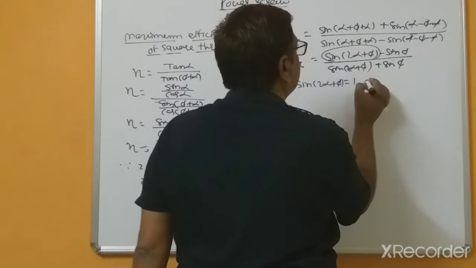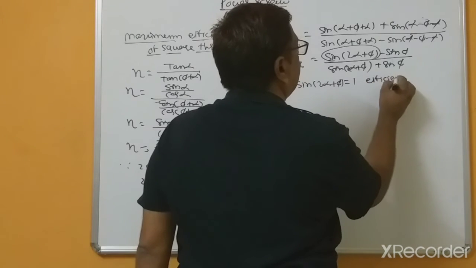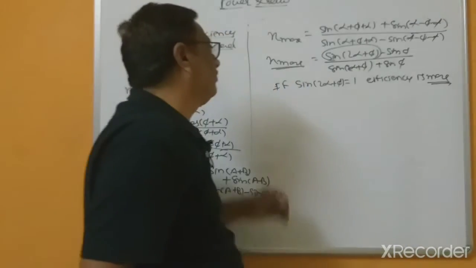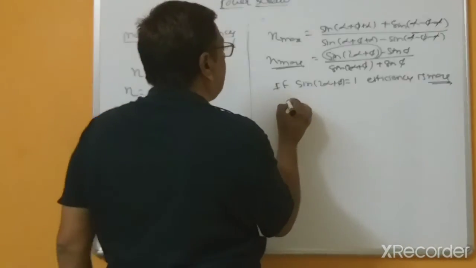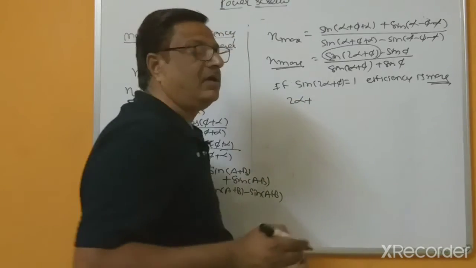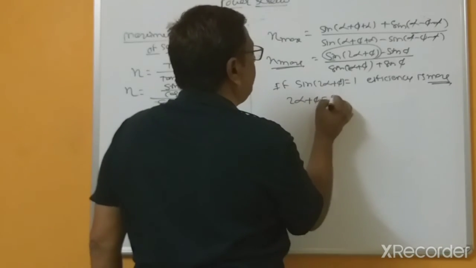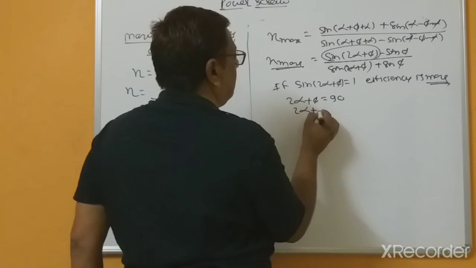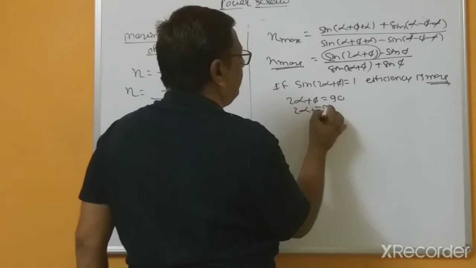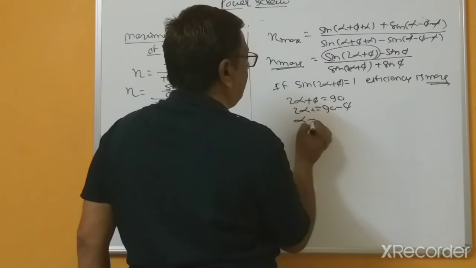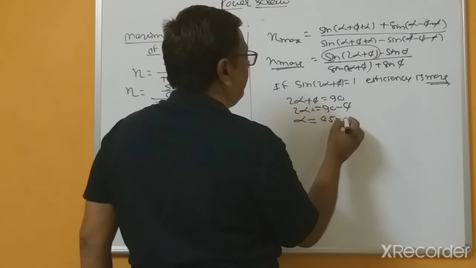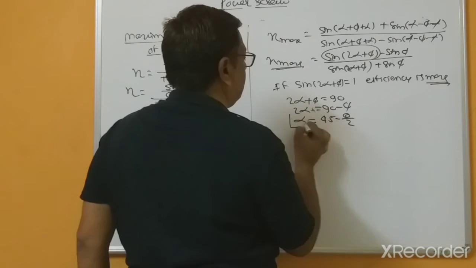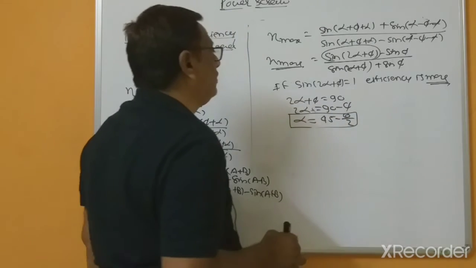So that's why 2 alpha plus phi, this angle should be equal to 90 degrees. So alpha equal to (90 minus phi) divided by 2, or alpha equal to 45 minus phi by 2.